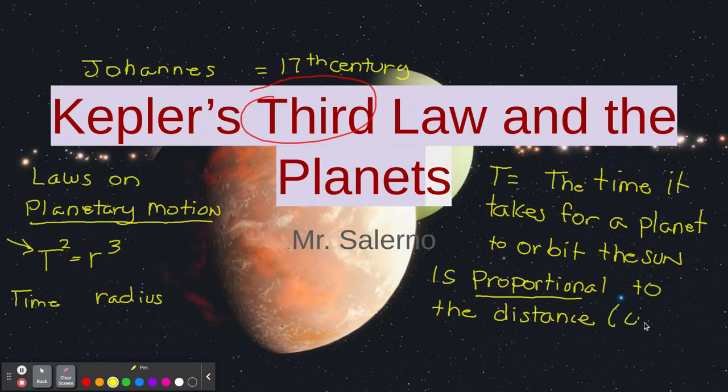And we're going to say cubed. The distance cubed is right here. And what we mean is the radius, right? The distance from the sun. So the time it takes for a planet to orbit the sun, the time squared, as you see here, is proportional to the distance cubed. And there's that little cube sign. And we'll go over examples here.